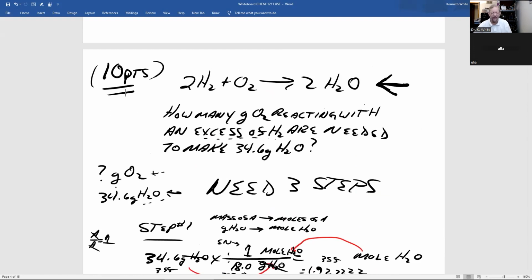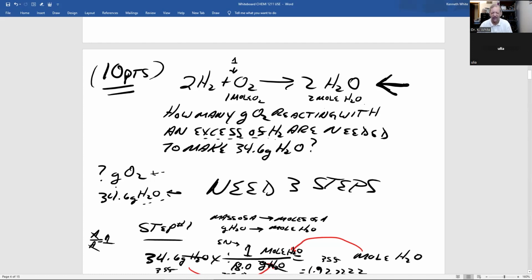And remember, the coefficients, when there's no coefficient, it's really the number one, give you molar relationships. And we're looking for the relationship between O2 and H2O. And if we look up here, that means 1 mole oxygen makes 2 moles water.